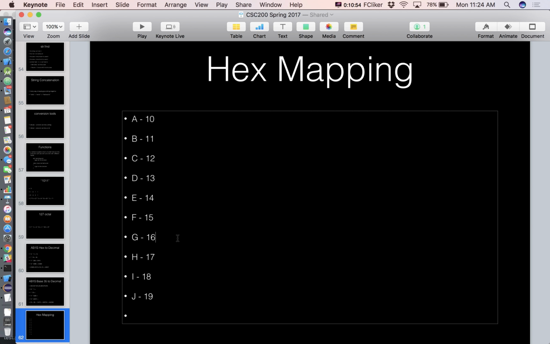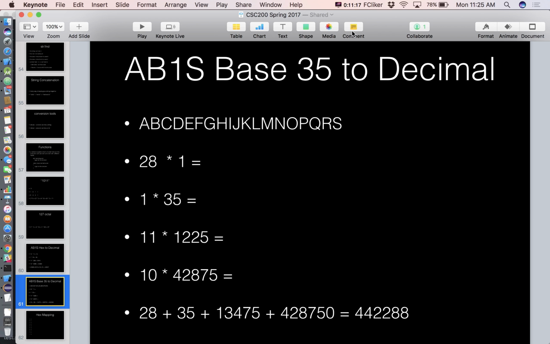So we could have up to base 65,527. Now we're getting into numbers that calculators are going to have issues dealing with.